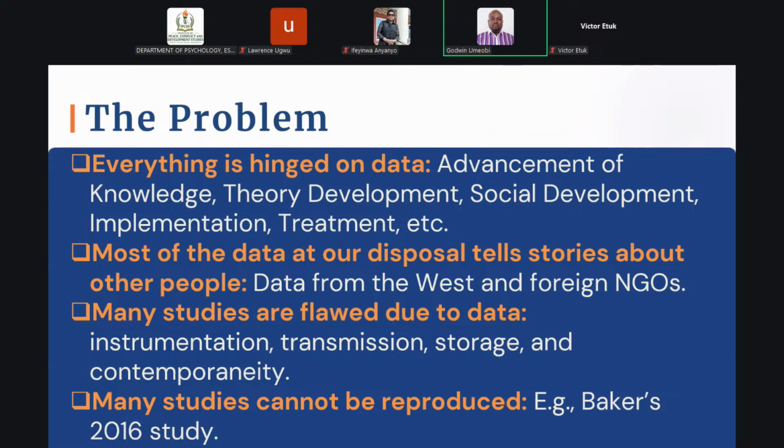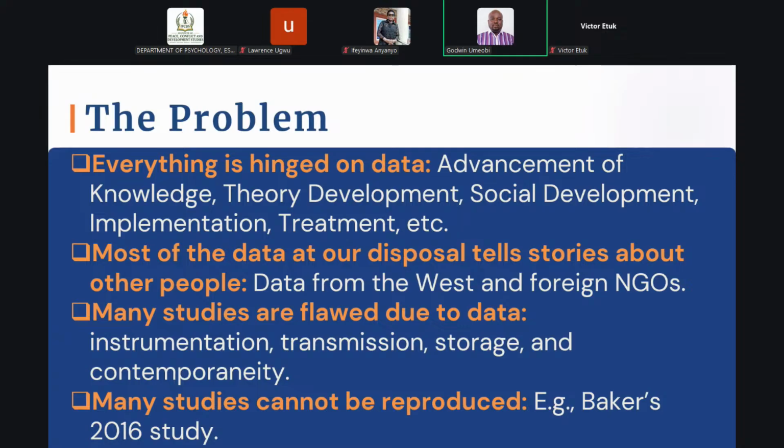Advancement of knowledge, theory development, social development, implementation, treatment, intervention, teaching, everything depends on data. But the issue is that most of the data at our disposal tells stories about other people. So data from the West, data from foreign NGOs and the like, tell stories about other people and not basically about us.